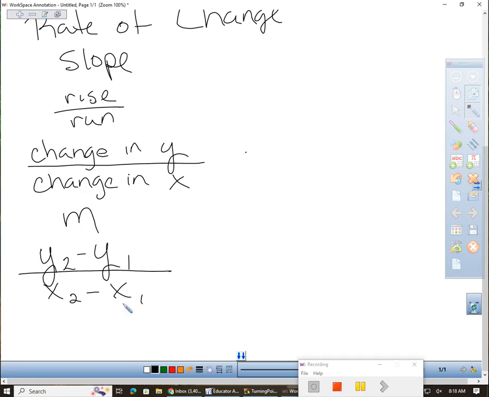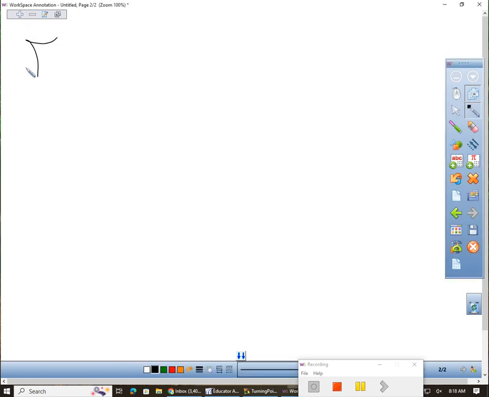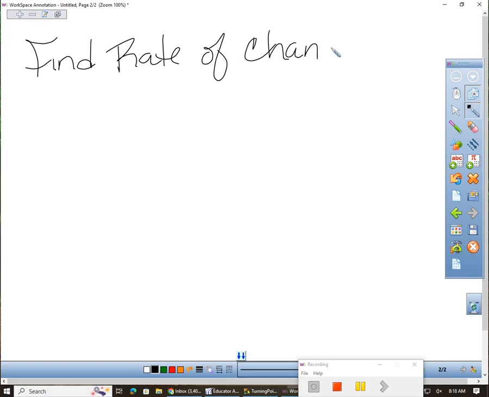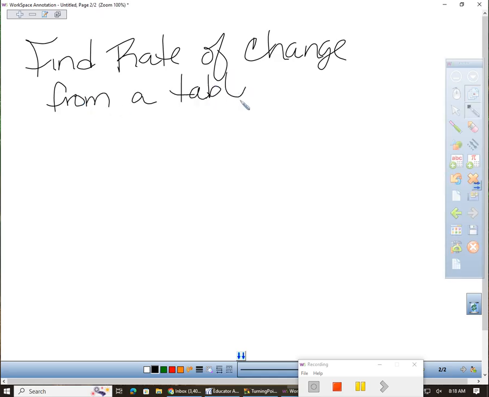So first place I want to start talking about it is finding rate of change from a table. When you are doing it from a table, whoa, that's not very straight, sorry.